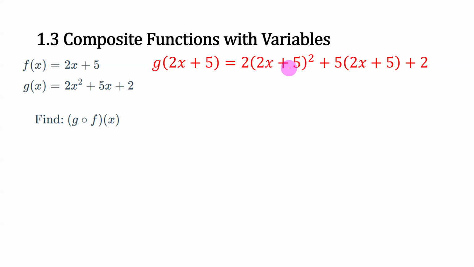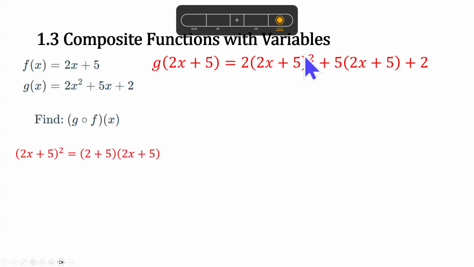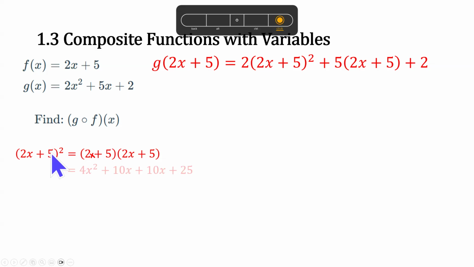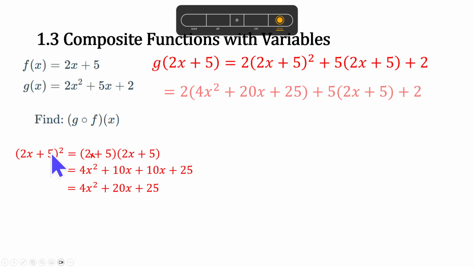So I am going to have to do (2x plus 5) squared. That should be an x there, sorry. So I should get 4x squared with a 25 at the end. Multiply them together, I get 10x. I double that because I'm doing the 10x twice and get that.